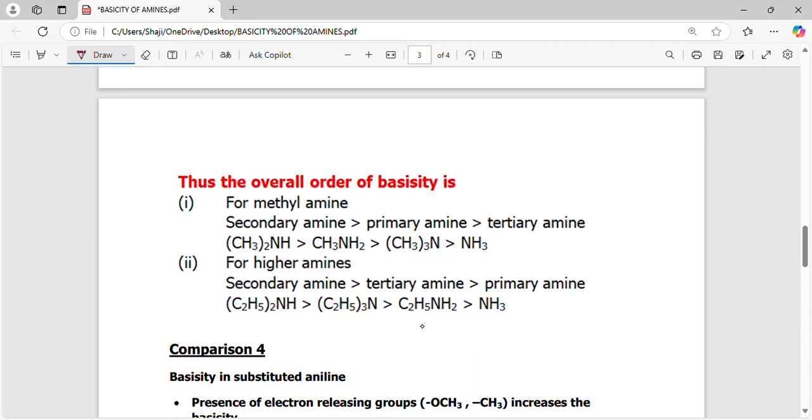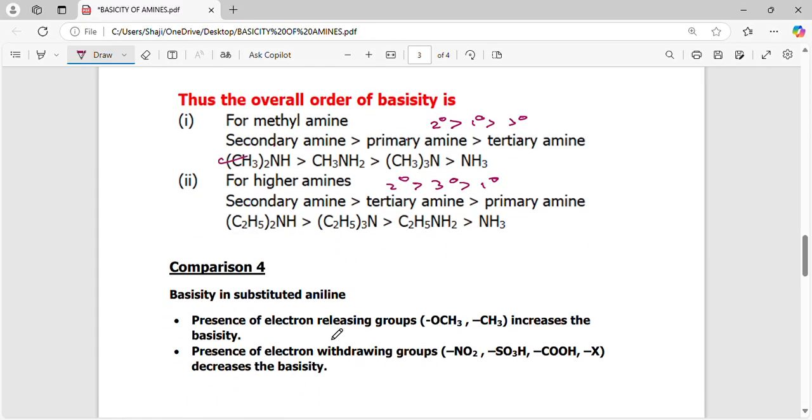If it is methylamine, always you go for this order: secondary, primary, tertiary. But if any other amine, normally only methyl and ethyl amines will be coming in questions. If it is ethylamine, you go for secondary, then tertiary, and then primary. This is how you have to arrange the basic character between different types of amines.